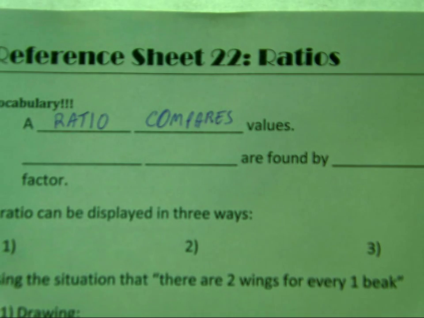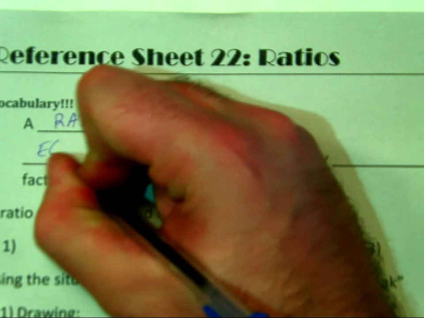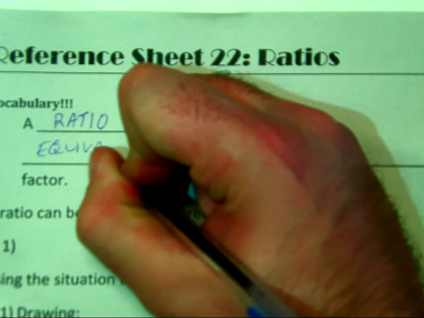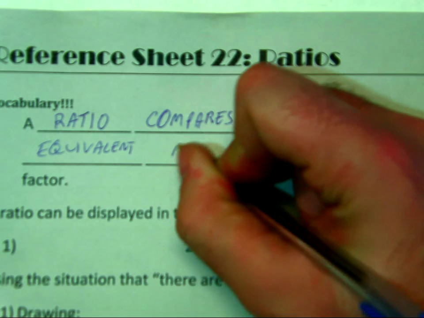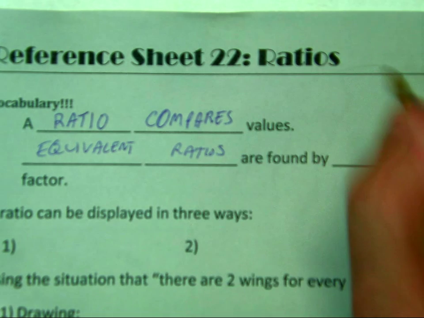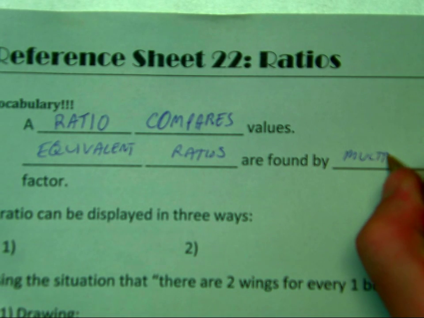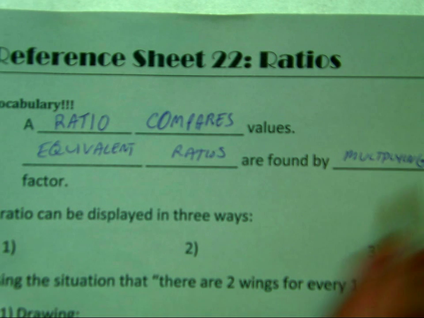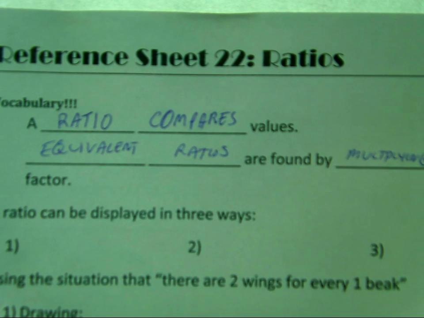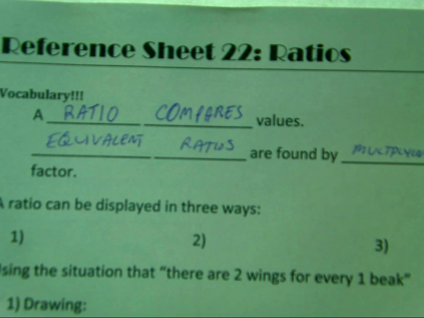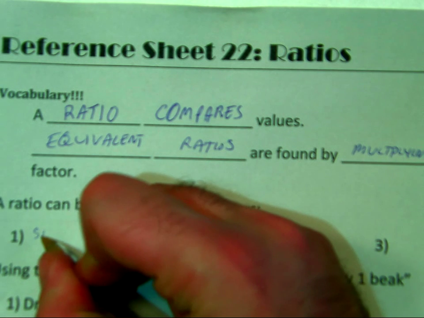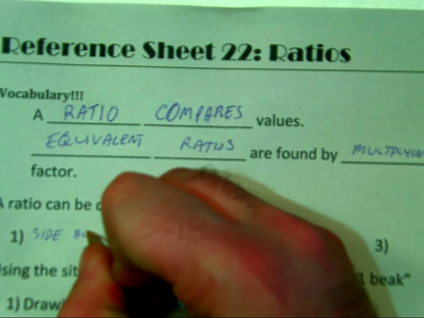Okay? We've talked about equivalency before, but equivalent ratios are found by multiplying by a factor. Now, our ratios can be displayed in three ways. One is side by side.